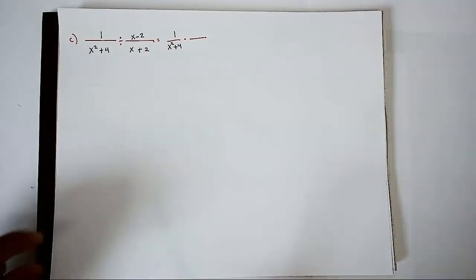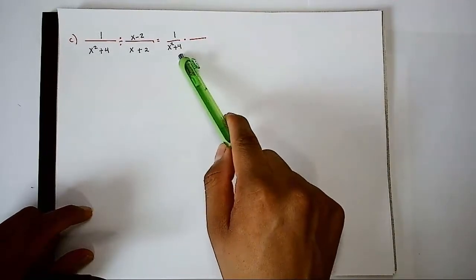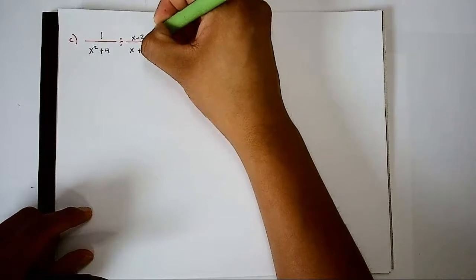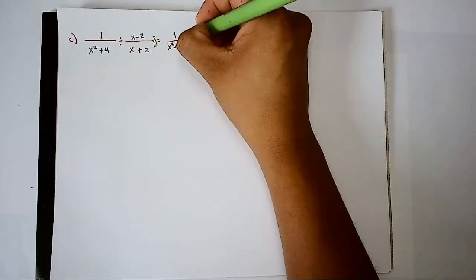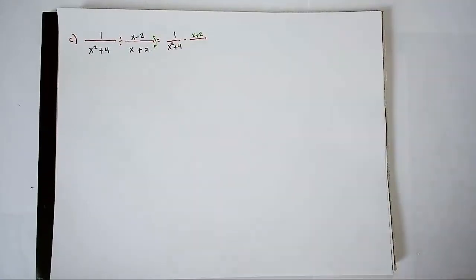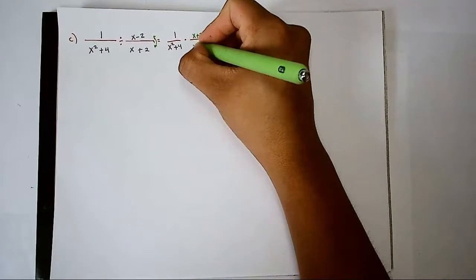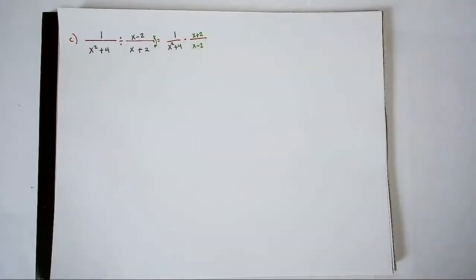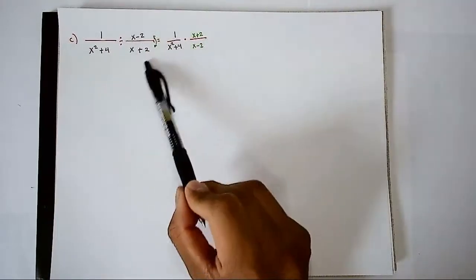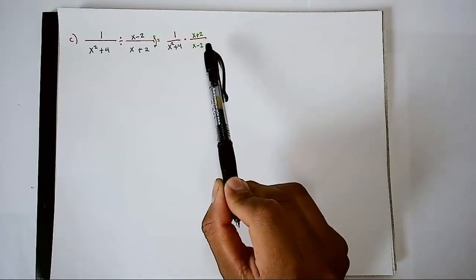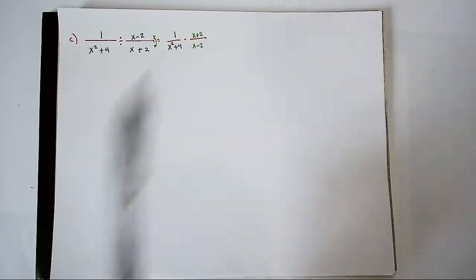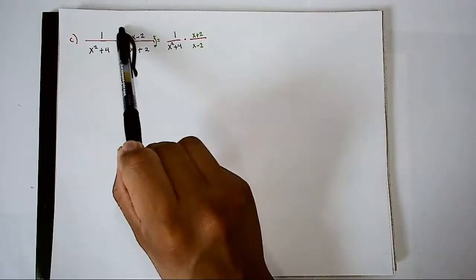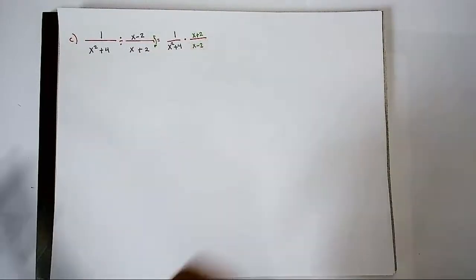So this is going to be 1 over x squared plus 4 times, notice here, denominator first divided by numerator. I just switched the numerator to become the denominator and the denominator became the numerator. And now instead of division it is a multiplication.